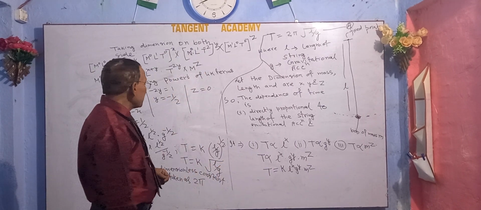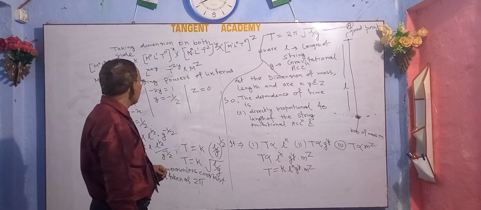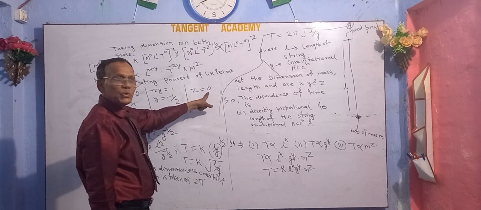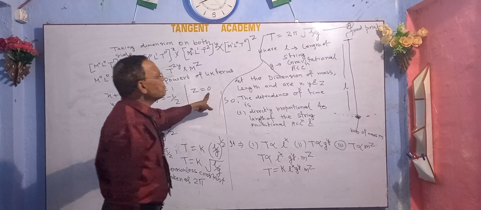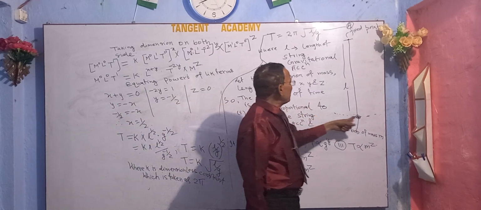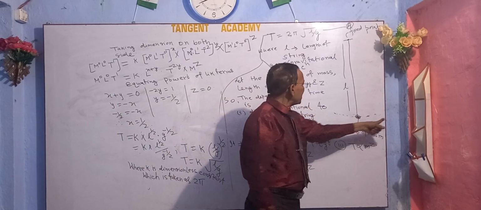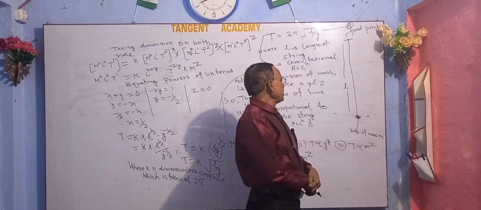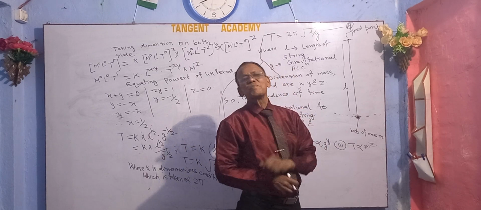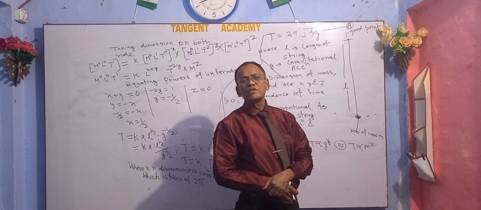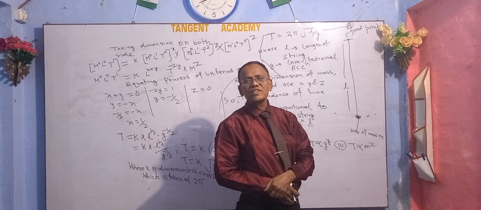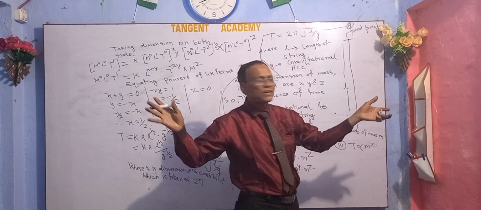It should be noted very carefully that here mass has power 0. So the very important thing is that the time period of a simple pendulum is independent of its mass. Either it is 5 kg or 100 kg or 2000 ton, it doesn't matter.